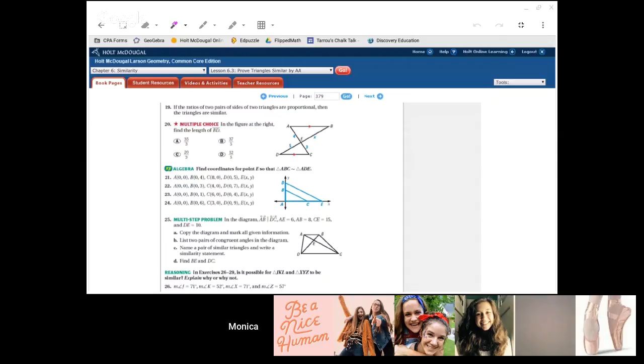Yeah, it'd be 5 over x. Not 4 over 3. 5 came from the bottom triangle, so 3 needs to be on top because it also comes from the bottom triangle. Does that make sense?